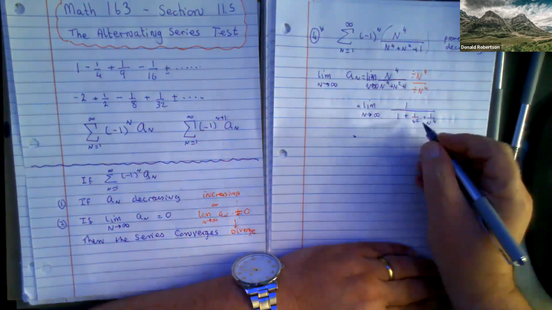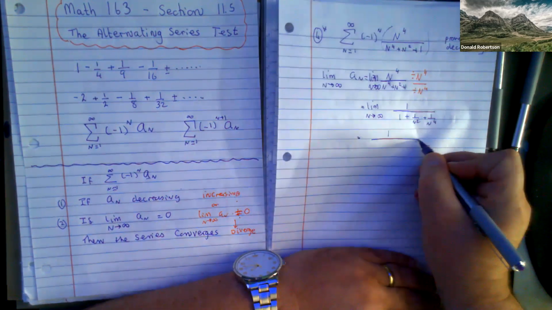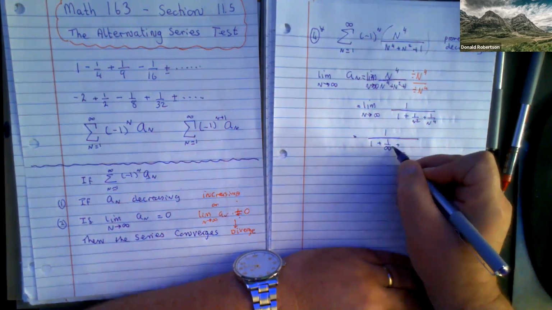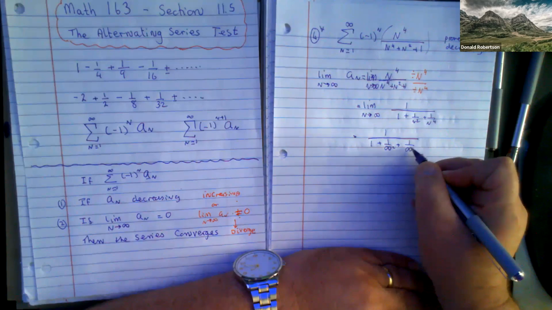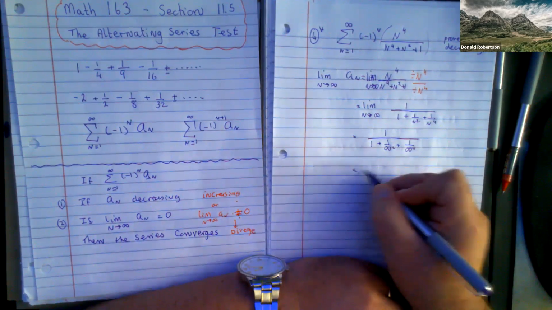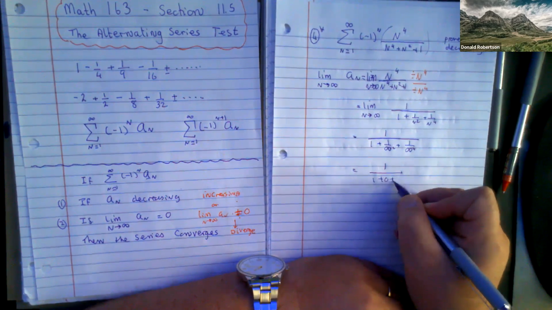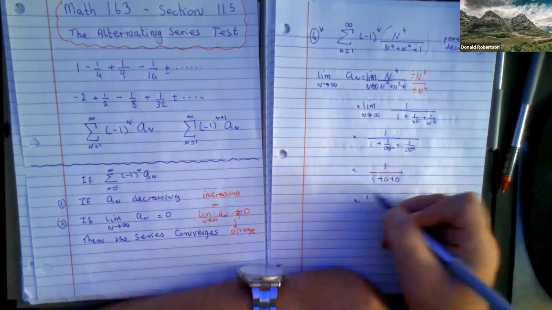And at this point, I'll do brute force. So it's 1 over 1 plus 1 over infinity squared, 1 over infinity to the 4. Well, that's 0 and so is that. And so the limit is 1.